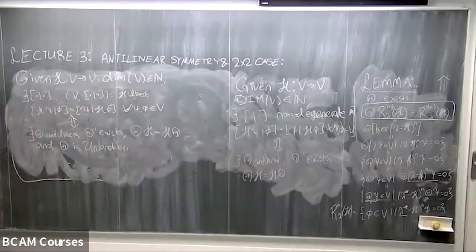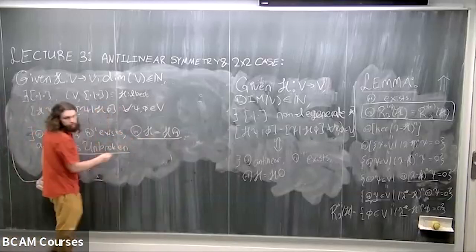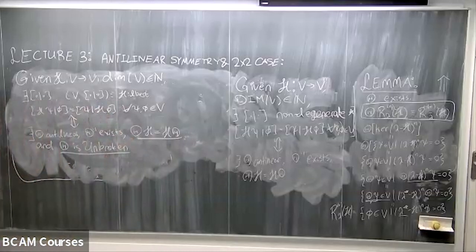So what do I mean by an unbroken symmetry? I mean a symmetry that not only respects this property of the Hamiltonian, but also preserves the eigenspaces. So that'll be my definition of this term.